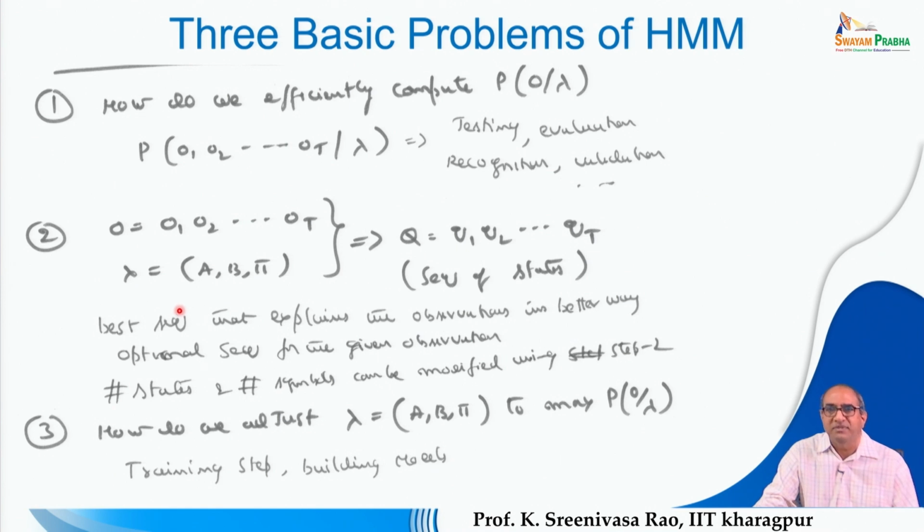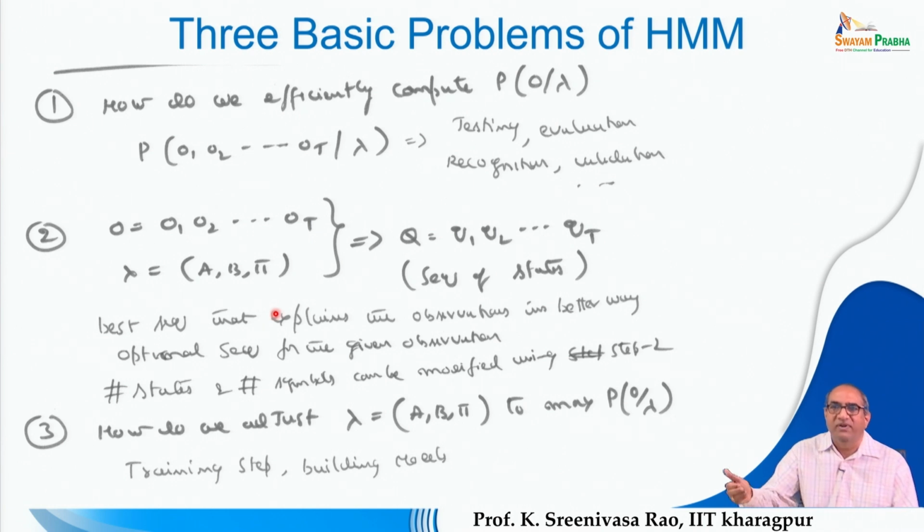Otherwise, sometimes when you model the feature vectors using a 5 state model, some states have hardly any feature vectors. Even though we model with 5 states, the feature vectors are mostly confined to only 2 or 3 states.